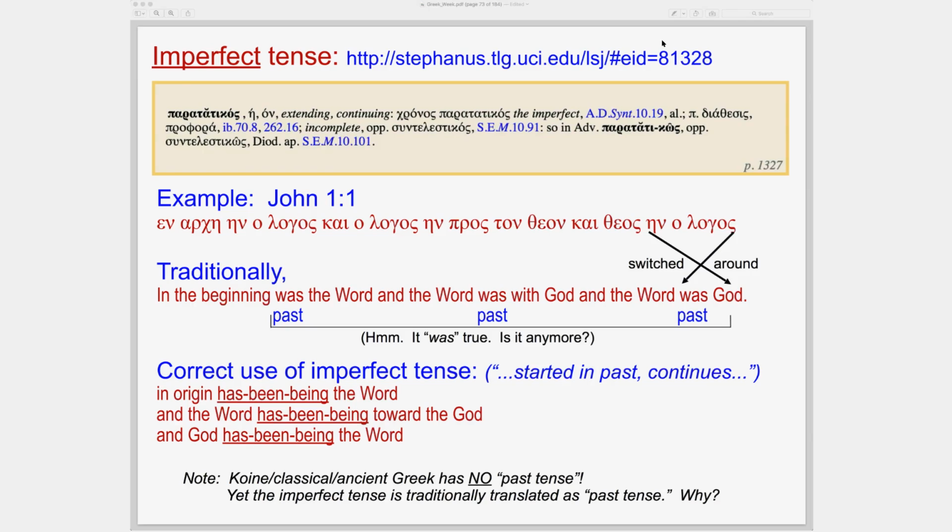Actually, I never even noticed that before. You have something there: the word was toward the God, and why doesn't it say the God was the word? Actually, I don't know. That's a good question. It doesn't have the article, perhaps because it's nominative.